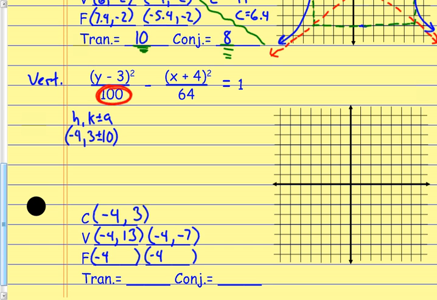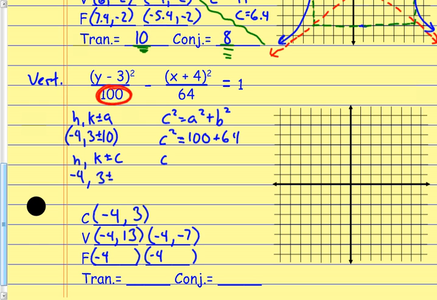The focus or the foci here says h comma k plus or minus c. So I have negative 4, which I already wrote down. K is the 3 plus or minus c. I just need to find my c value. Well, again, c squared equals a squared plus b squared. So I'm going to end up with c squared equals a squared, which is 100, plus b squared, which is 64. So then I have c squared equals 164.